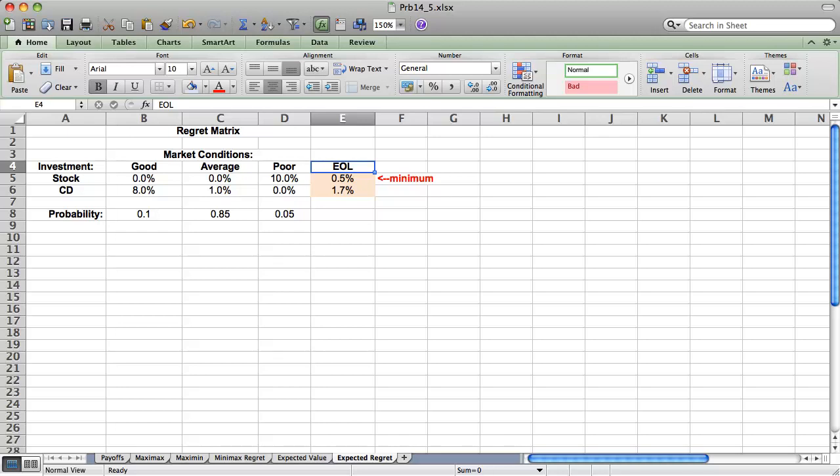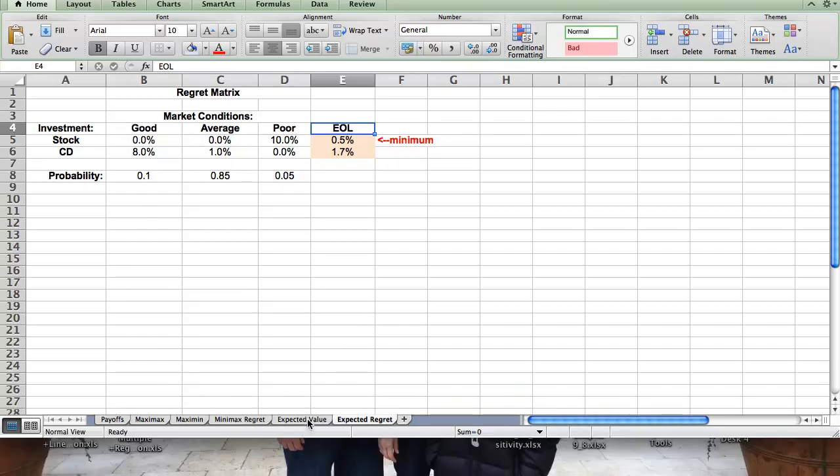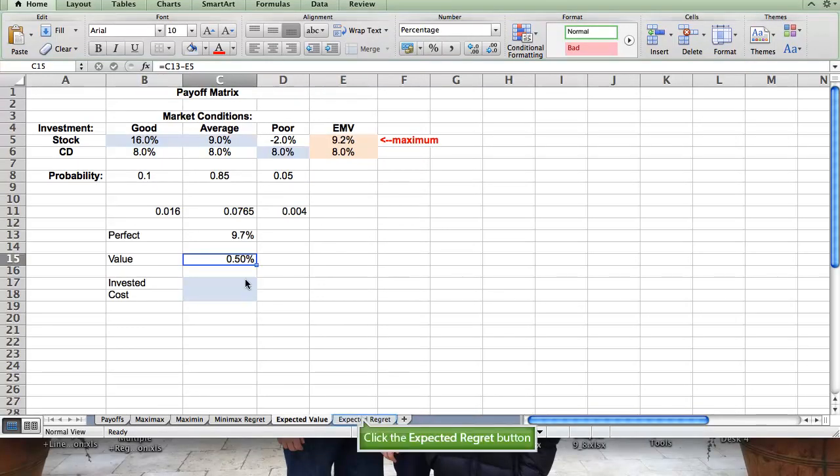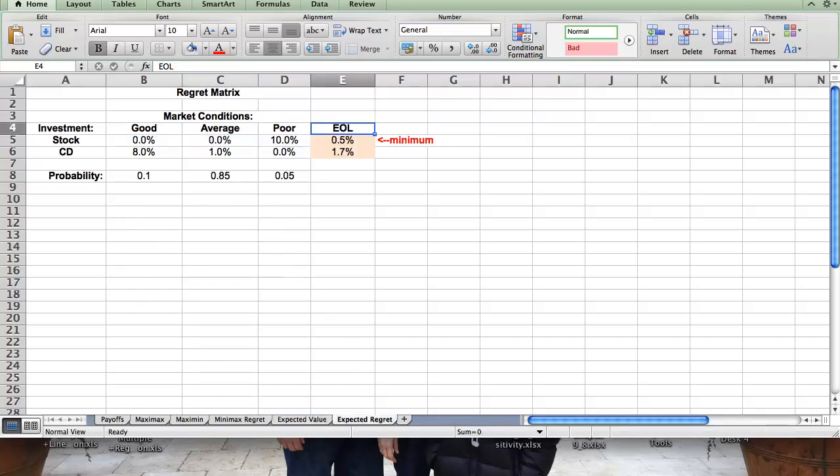And we can see that the minimum expected opportunity loss for us is with stocks, and it is that same 0.5%. That value difference that we showed here of 0.5% will always be equivalent to the expected EOL.